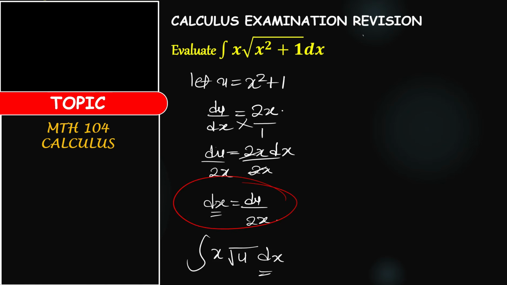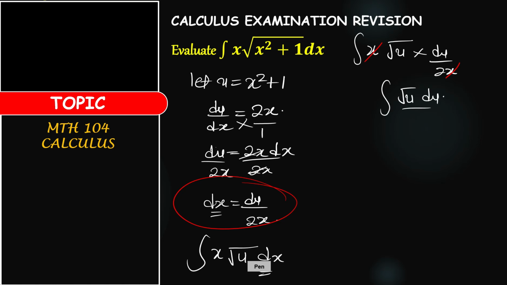So here it's going to be s root of u times du over 2s. And then this cancels s. And then what are you left with? Integral of root u du divided by 2. Are you getting it? Because this du is divided by 2. Now this 2 can come out as a constant. So you have half integral root u du.